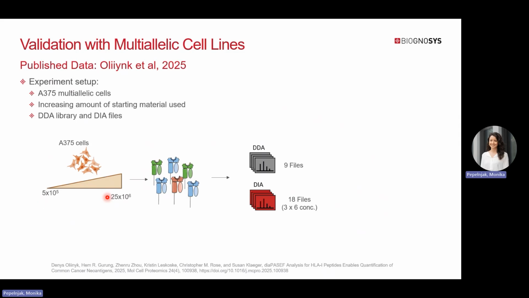The peptides were isolated and measured in DDA or DIA mode. We had 9 DDA files available and 18 DIA files, with 3 replicates of 6 concentrations. We then searched everything again with Spectronaut 20 in library-based and library-free mode.